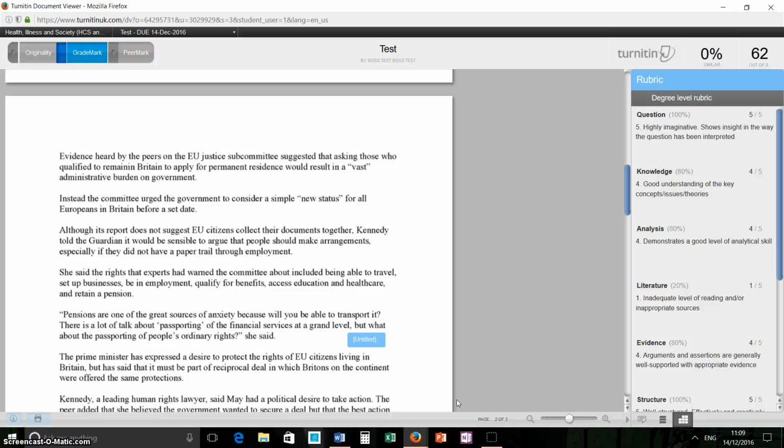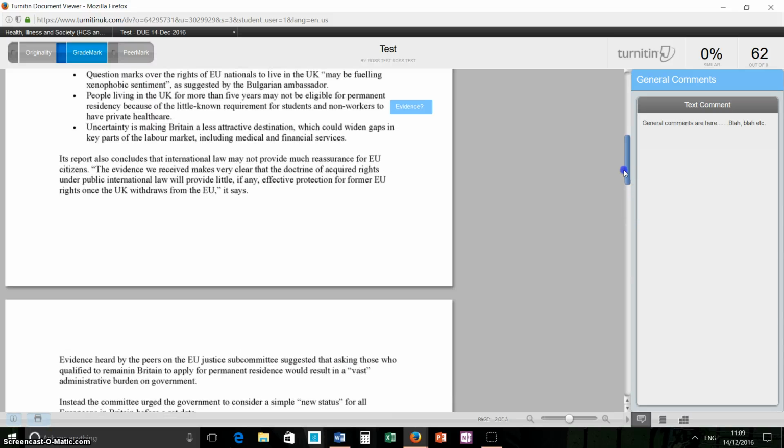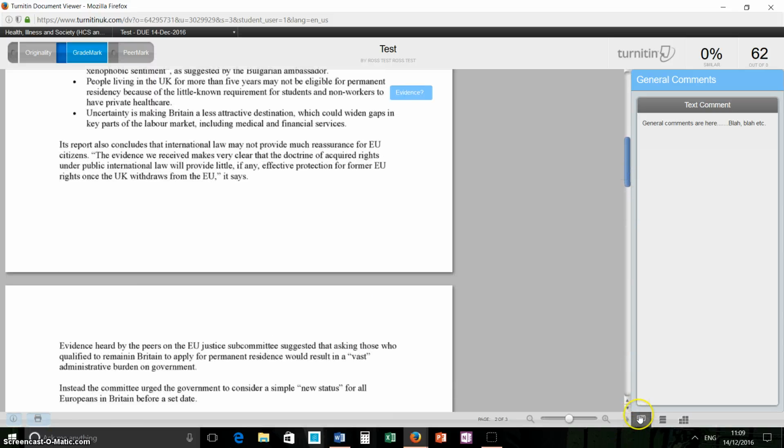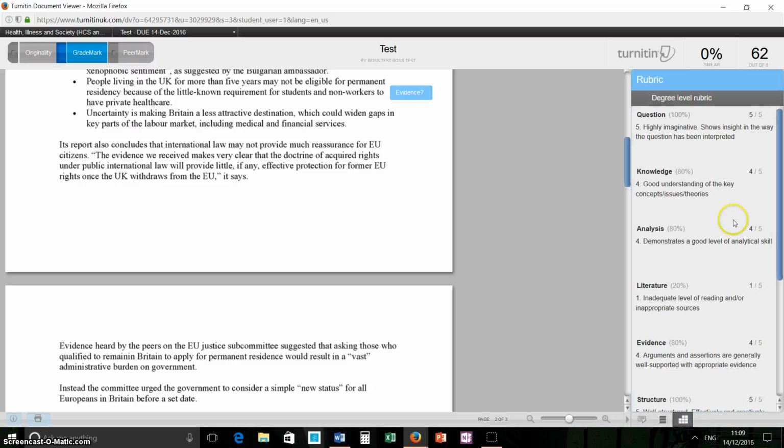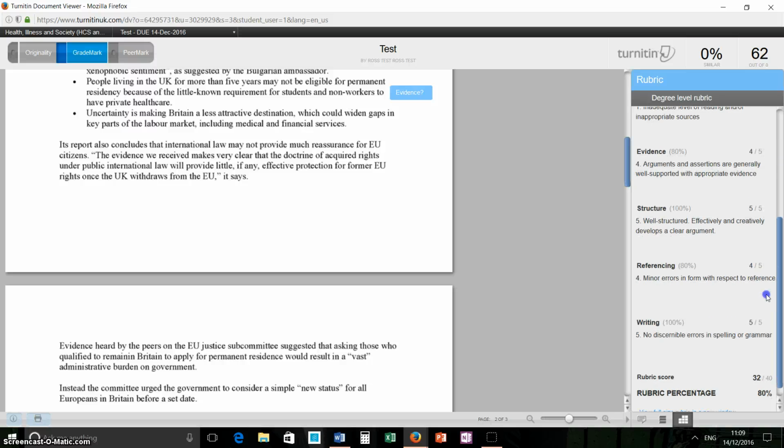So in summary, when you log on to Turnitin, that's your score. Okay, you can then view the annotations on your work by hovering over them. Through this bubble here you can see your general comments, and through clicking on these squares you see the various areas that I've rated you in.